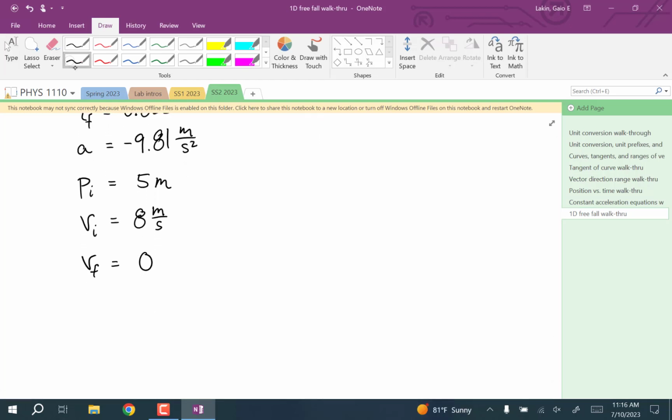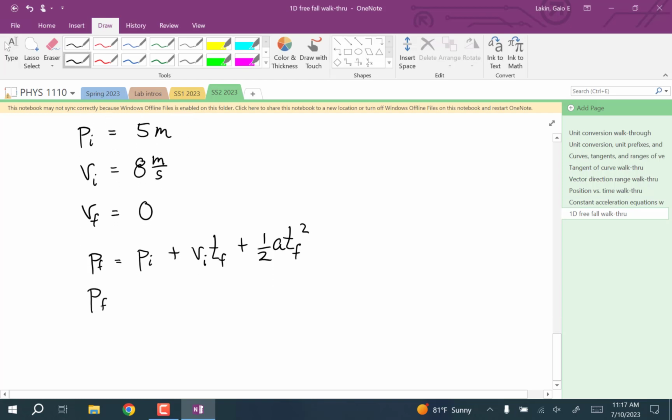All right, the equation that's going to work with this information is P final is equal to P initial plus V initial times time final plus 1/2 A times time final squared.